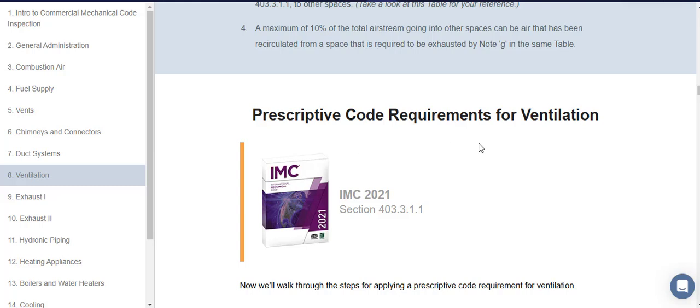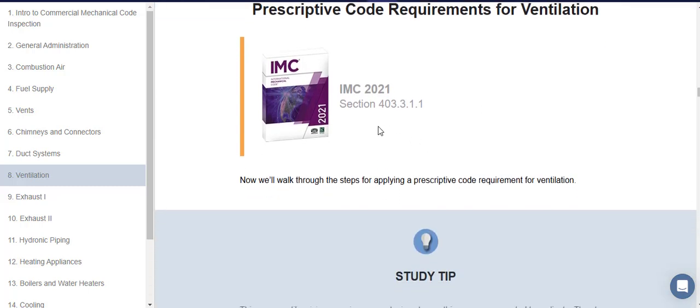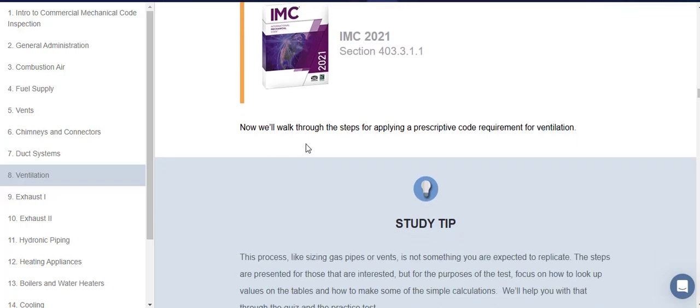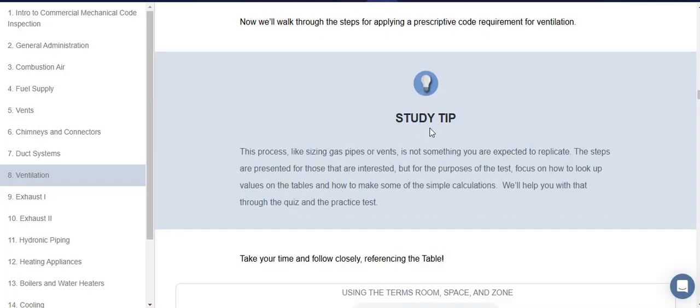Prescriptive code requirements for ventilation, International Mechanical Code, section 403.3.1.1. Now we will walk through the steps for applying the prescriptive code requirements for ventilation. Study tip: this process, like sizing gas pipes or vents, is not something you are expected to replicate.